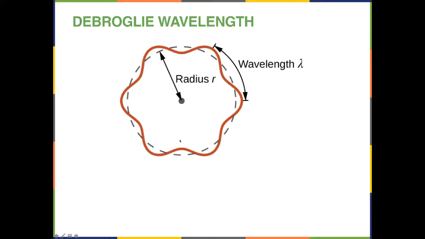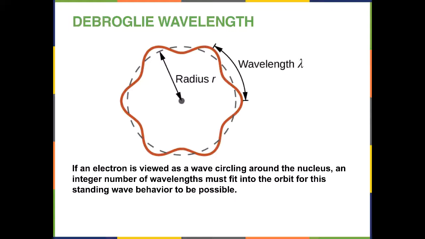Now, when electrons are traveling in their orbit, they don't travel in a discrete circle. They actually have a wavelength. They travel as a wave phenomenon. And what this shows is that when an electron is viewed as it's traveling through its orbit and circling the nucleus, the wavelength that occurs has to have a whole number or an integer number of wavelengths in order for the circle to be completed appropriately.